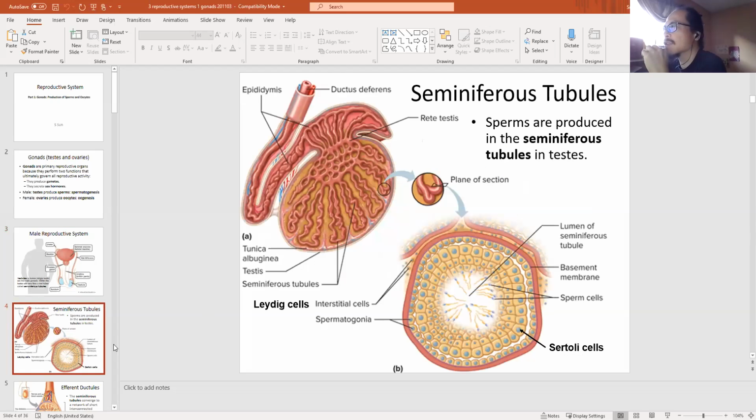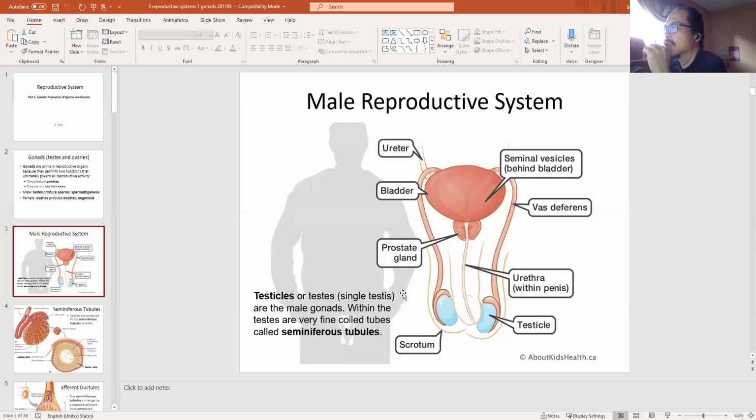So that's basically going from the microscope level more to gross anatomy.